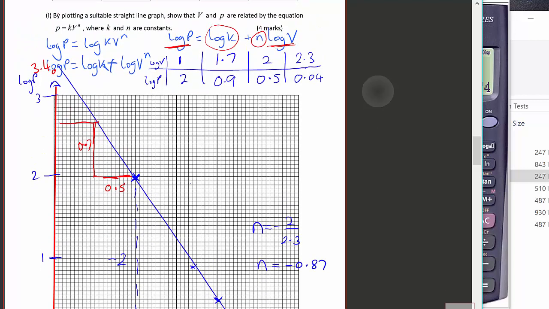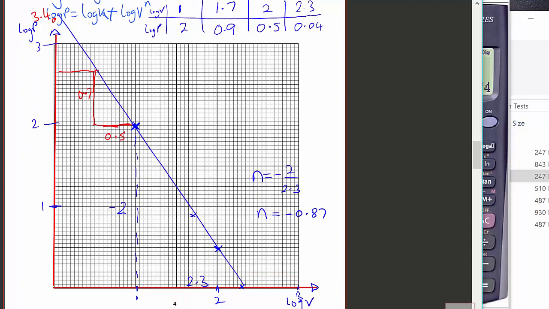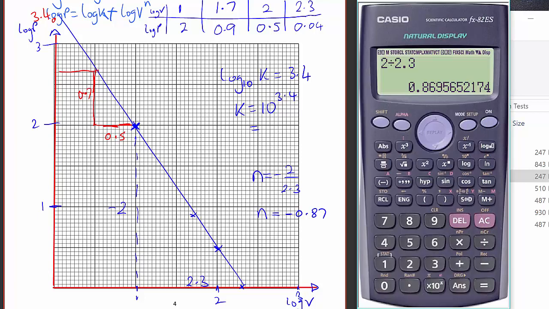Now, the intercept is log k. So what have we got? We've got log, which remember is log to the base 10 of k, equal to 3.4. Well, that means that k is equal to 10 to the power 3.4. So once again, we just need to calculate that. So 10 to the power 3.4.